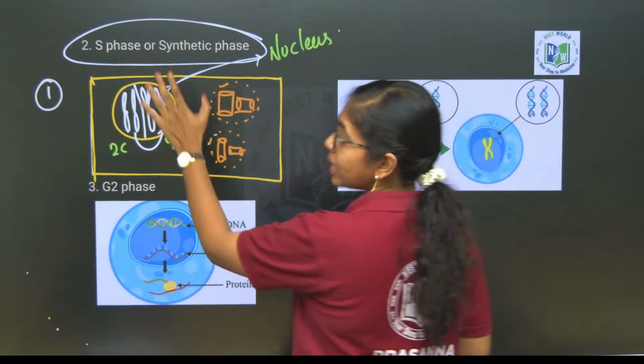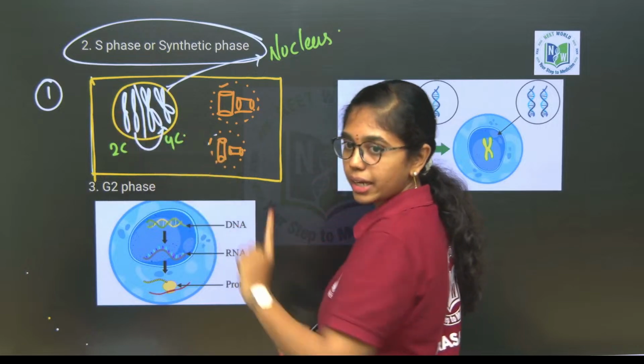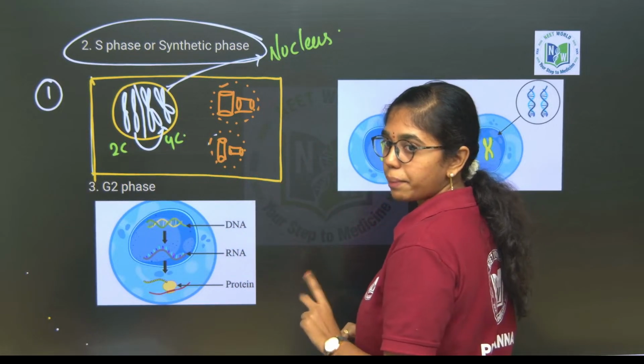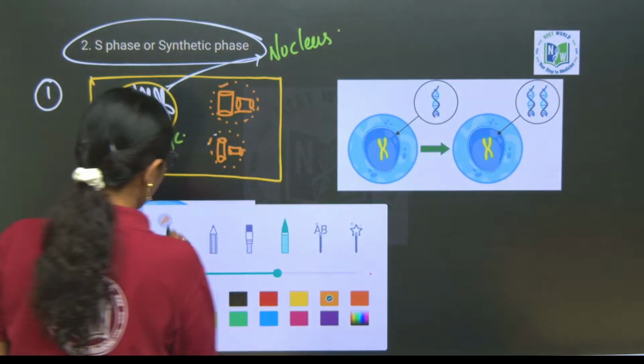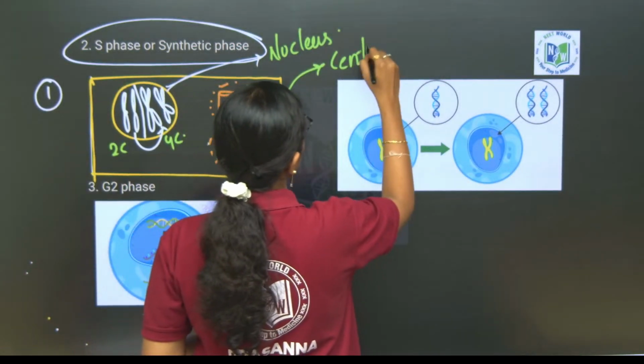One event is inside the nucleus, DNA is getting doubled or DNA duplication happens. In the cytoplasm, what is happening? Centrosome duplication happens inside the cytoplasm.